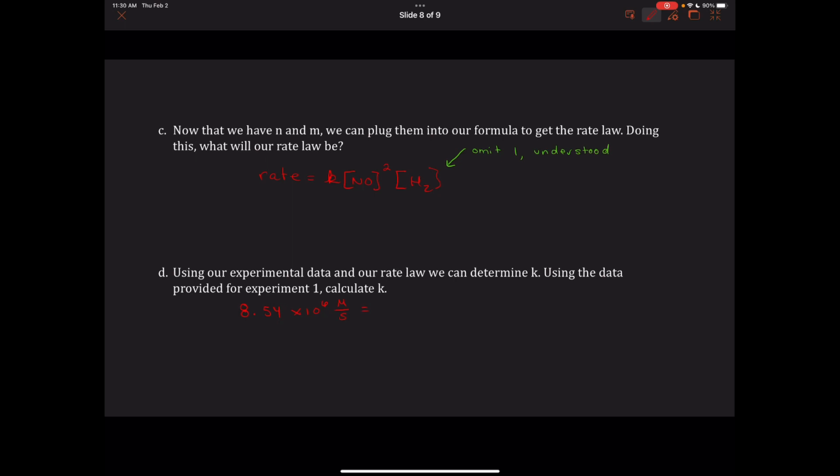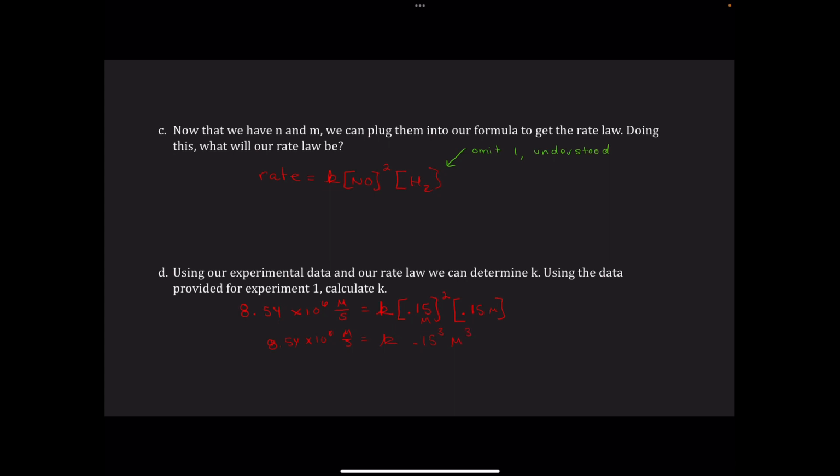That is going to equal K times NO's concentration of 0.15, and that value is squared, times hydrogen's concentration of 0.15. Doing some simplifying, 0.15 squared times 0.15 is going to be 0.15 cubed. My units will be molarity squared times molarity, which will be molarity cubed.